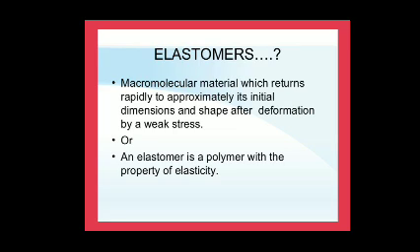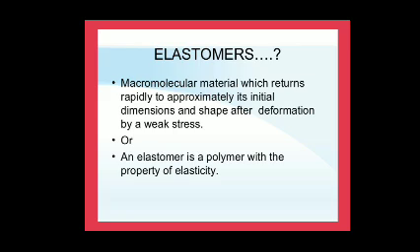An elastomer is a macromolecular material which returns rapidly to approximately its initial dimensions and shape after deformation by a weak stress.